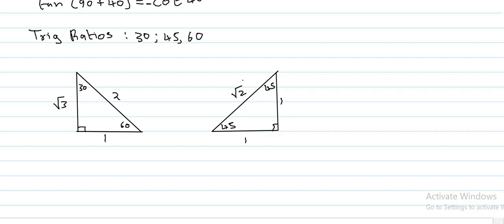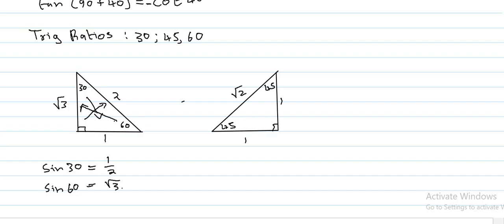So our trig ratios are important because when we say without using a calculator, you must know that when you get the sine of 30, sine of theta is opposite over the hypotenuse. The hypotenuse is the longest side, meaning the sine of 30 will be 1 over 2. The sine of 60 is still opposite over hypotenuse, but the opposite of 60 is the square root of 3.